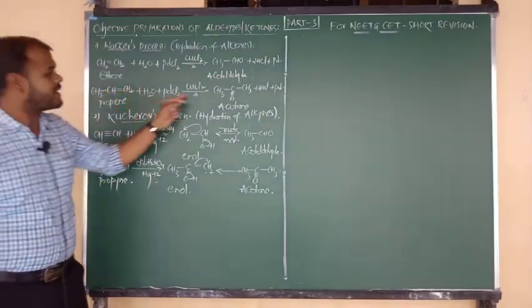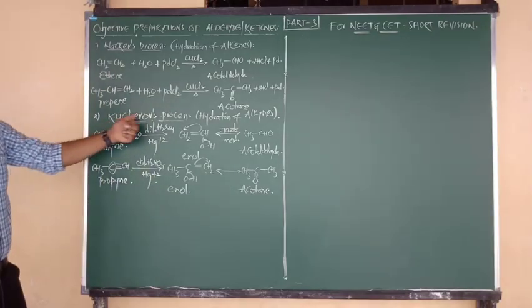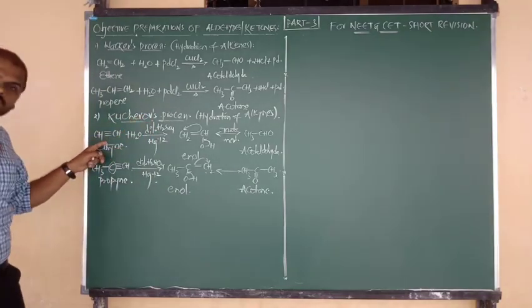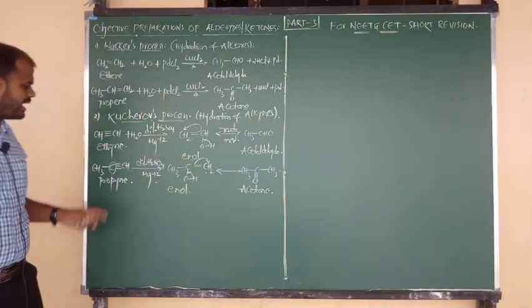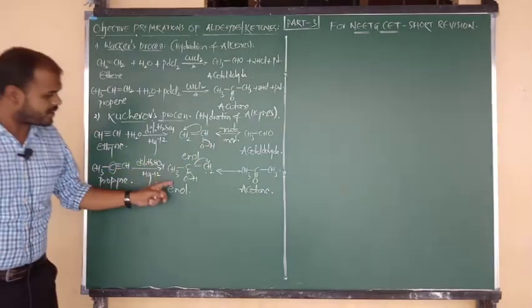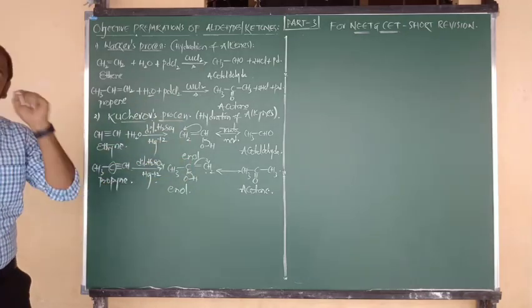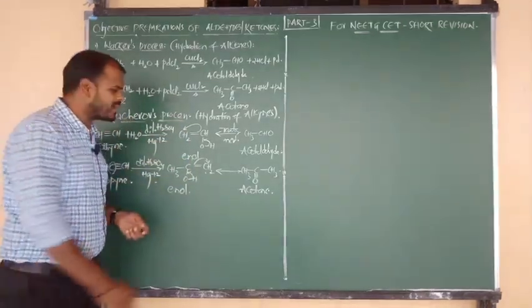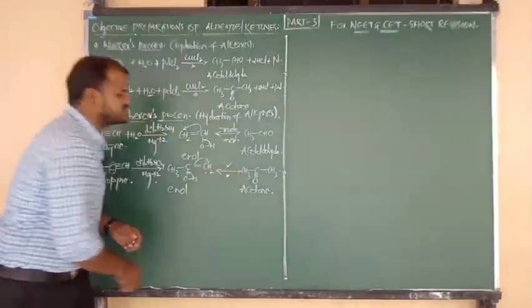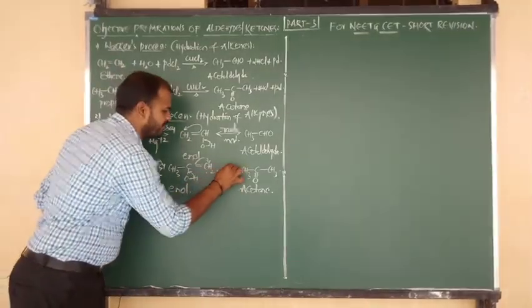Unsymmetrical alkyne upon hydration gives what, beta? Ketones. But in Kucherov's process, the intermediate step is the enol, and the mechanism is keto-enol tautomerism.